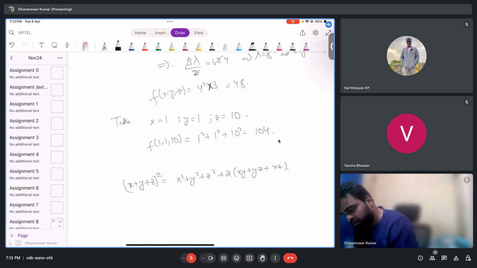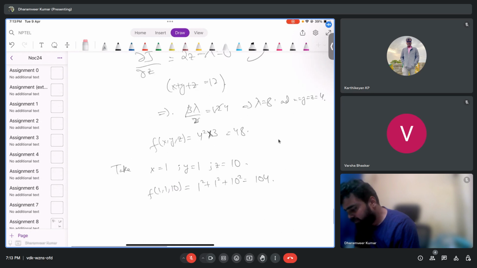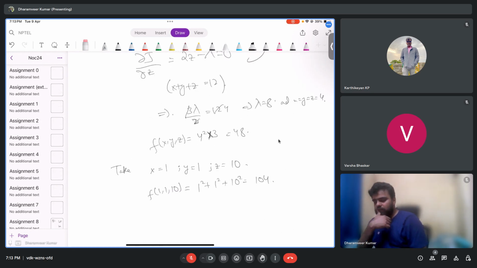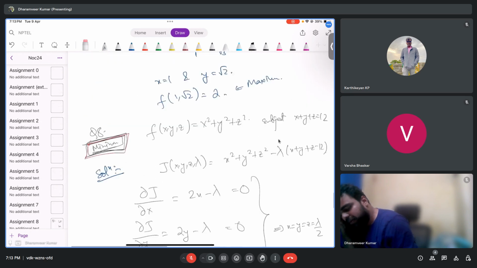I don't think you can do that. Yeah, this is how I'm just giving you an example why it is a minima, not a maxima for sure.